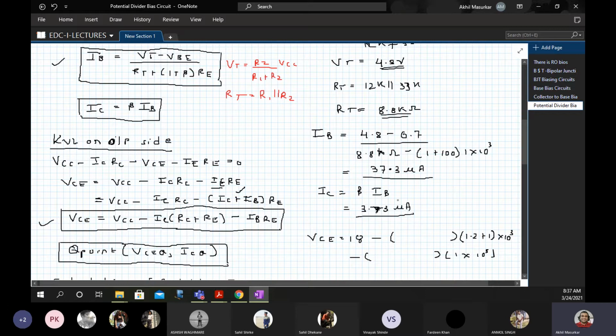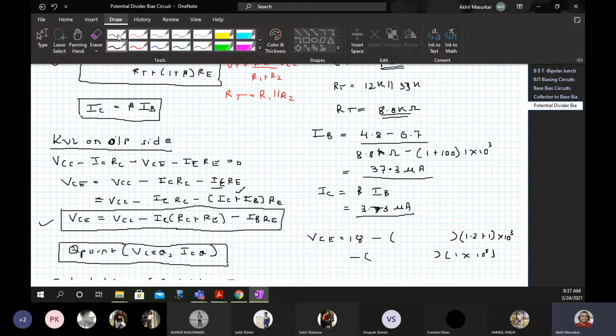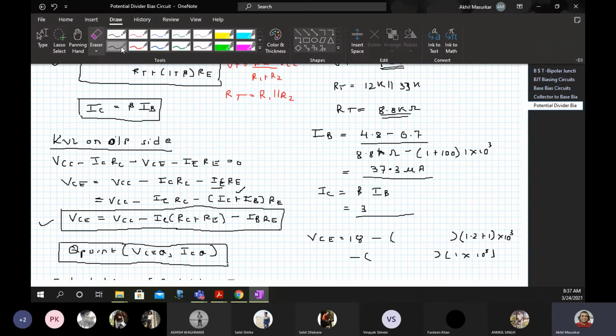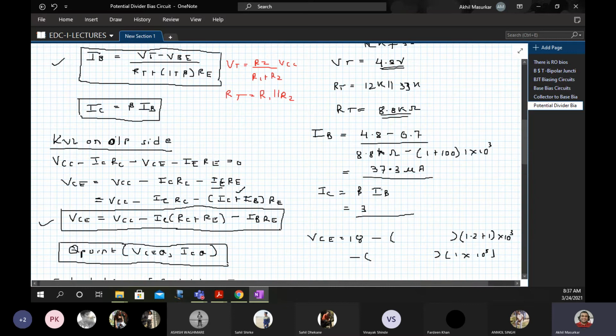And here definitely we'll put the value of IC, not micro, milli. When you multiply by 100, 3.73 into 10 raised to 3.